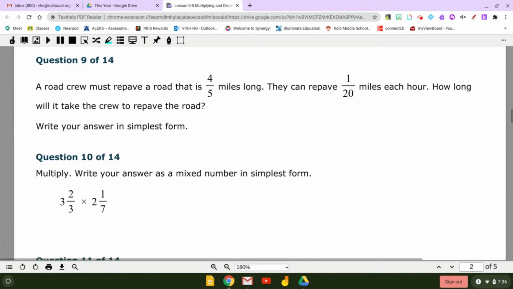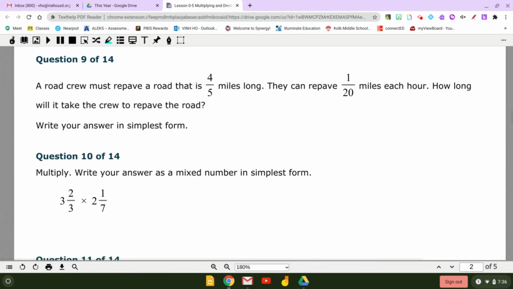A road crew must repave the road that is 4 over 5 miles long. They can repave 1 over 20 miles each hour. How long will it take the crew to repave the road?